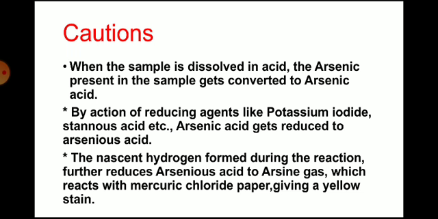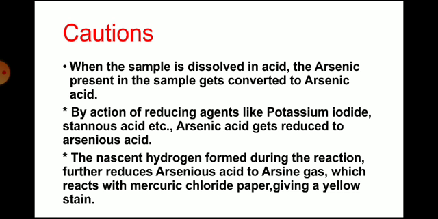There are certain cautions which should be taken while performing the limit test for arsenic. When we dissolve the sample in acid, the arsenic present in the sample gets converted to arsenic acid.